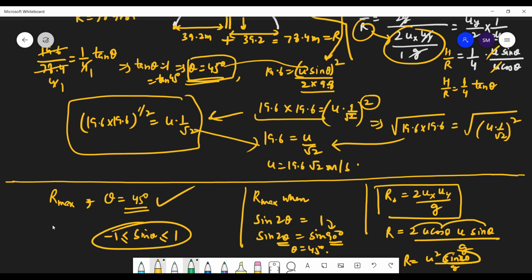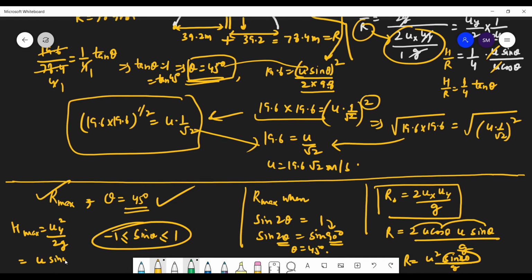So how much will be the height attained at that point of time? So height attained when range is maximum is, height maximum will be equals to, u, what is height maximum? Uy square by 2g. So that is equals to uy means u sin theta.